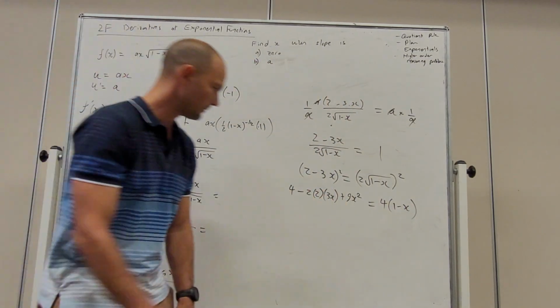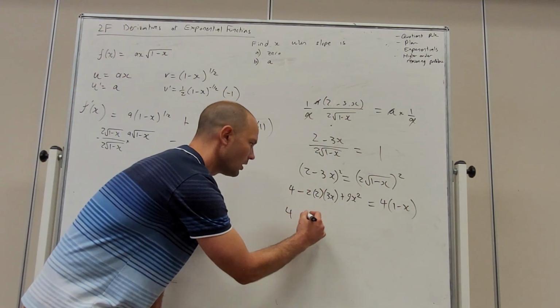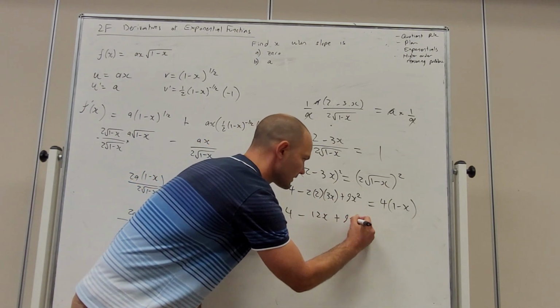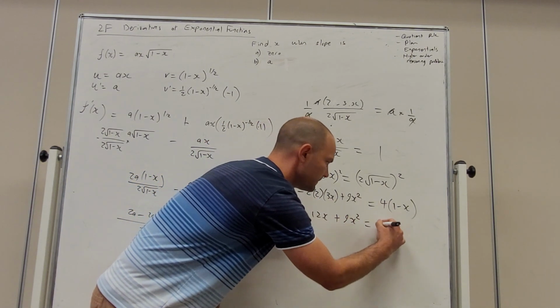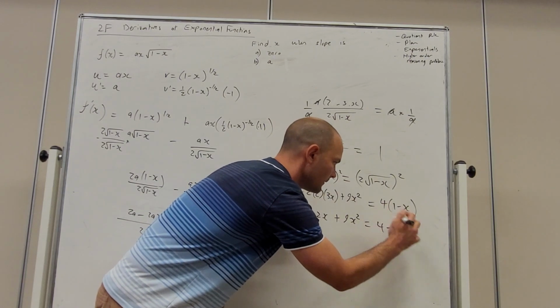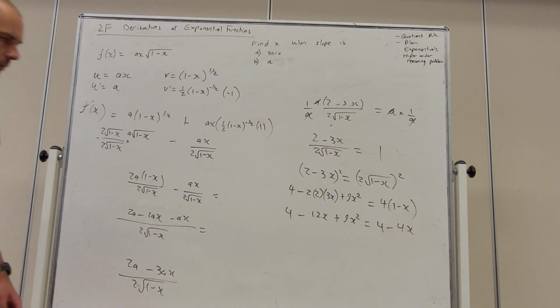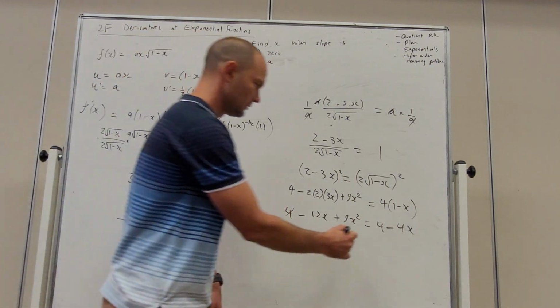We'll start to simplify. We'll have 4 take 12x plus 9x squared equals 4 take 4x. We've got 4 on both sides, that can cancel.